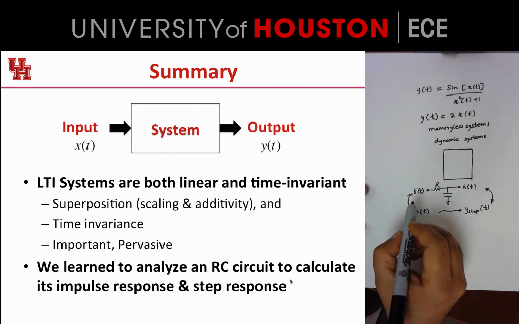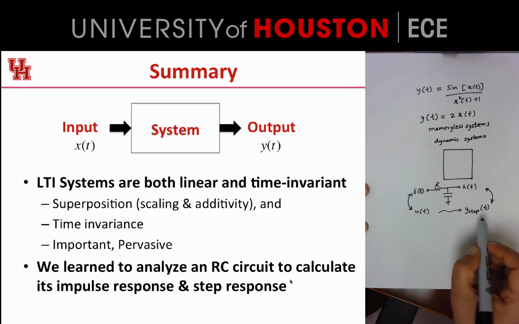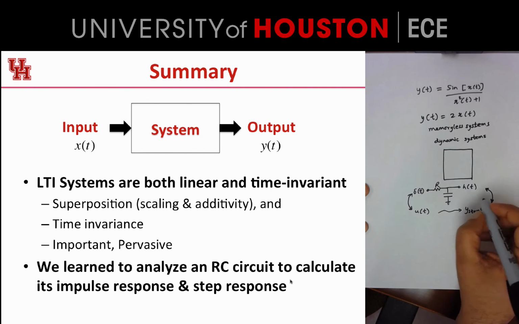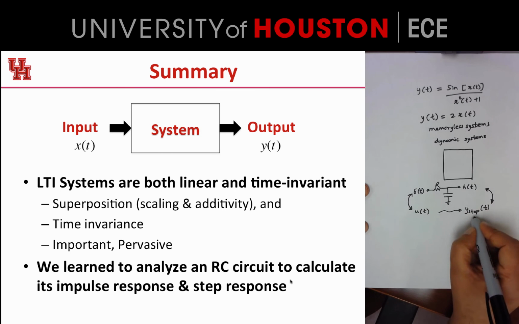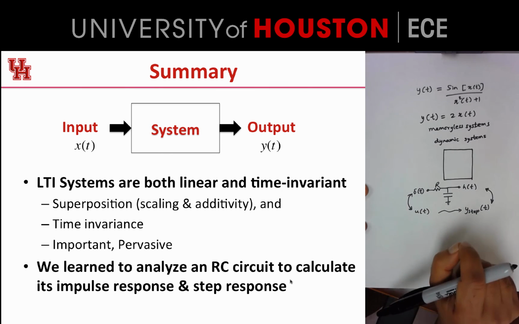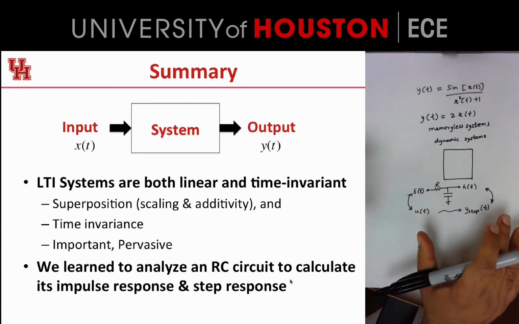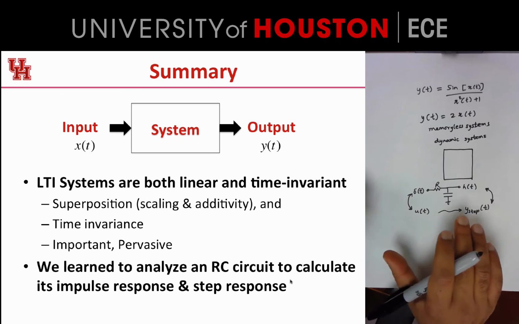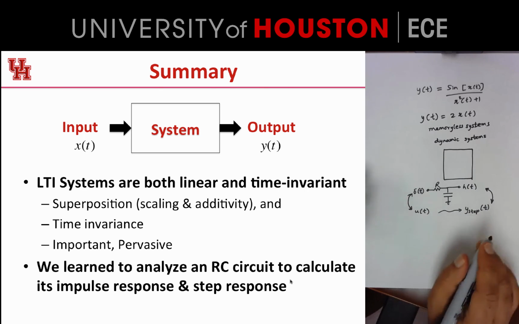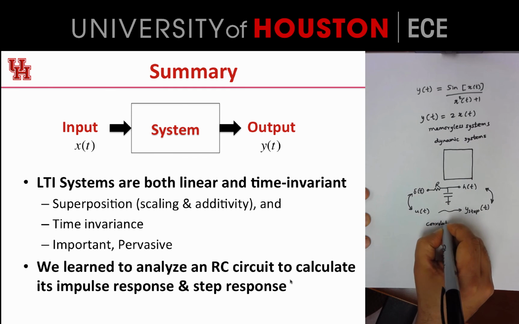But going from the delta function to the response to the step function, in other words, knowing the impulse response, which is h of t, and finding the step response, will take a bit more understanding. It's an integral, we understand that, but that integral is going to be a special one. We sort of took a preview of that today, but in the next lecture, we're going to really talk about that, and that's going to be called the convolution integral.